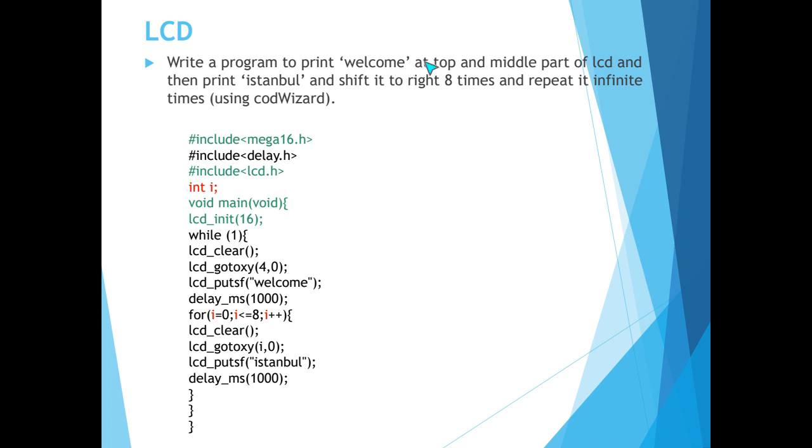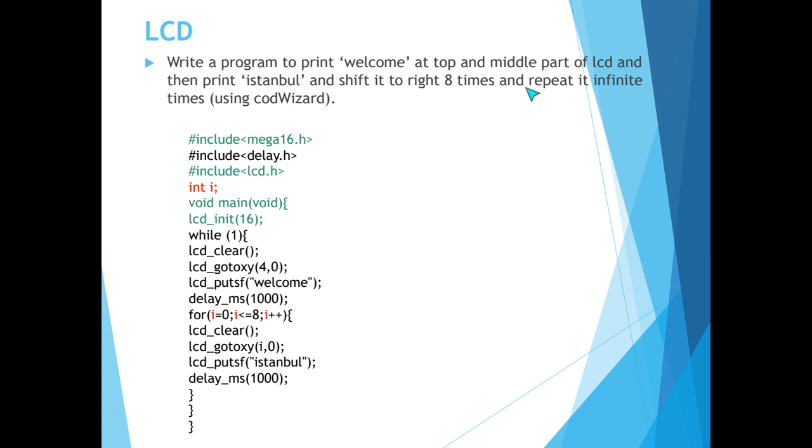The welcome should be printed at the top and middle part of the LCD. For writing it at the top of the LCD, we choose the first row, and the first row index starts from 0.